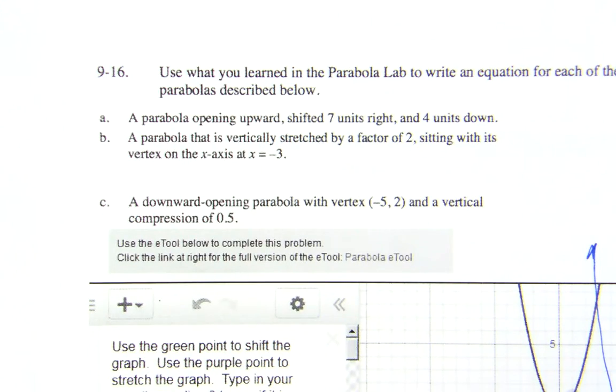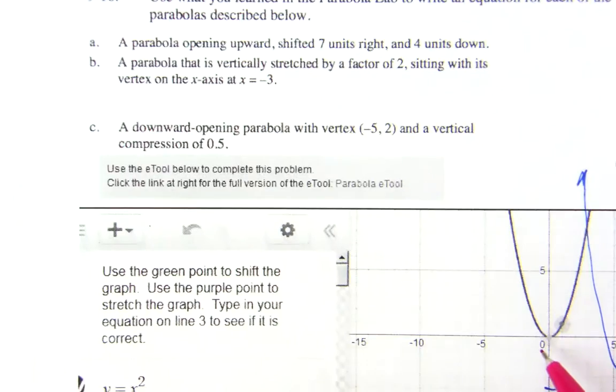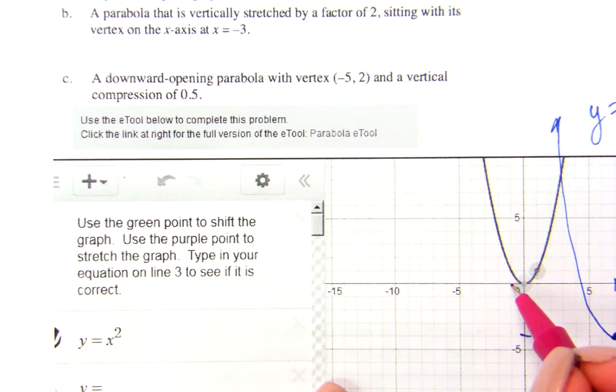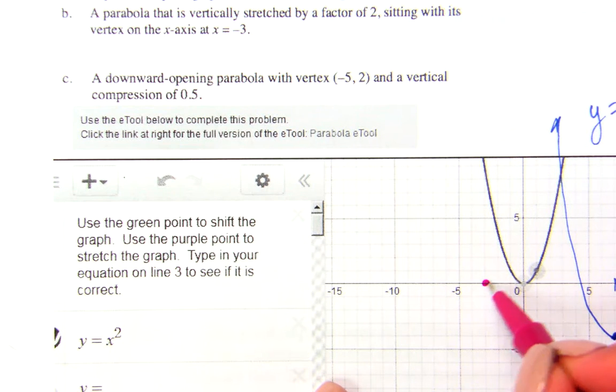Part B says a parabola that is vertically stretched by a factor of 2, sitting with its vertex on the x-axis at x equals -3. So if we're at x equals -3, we're going to be 1, 2, 3 to the left.